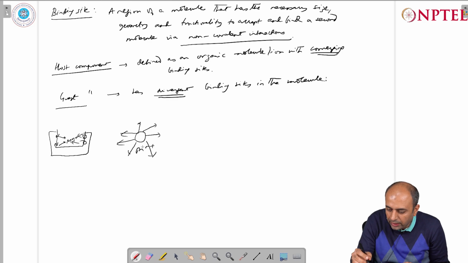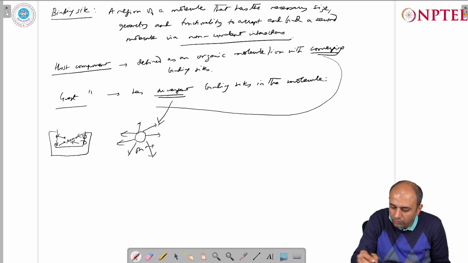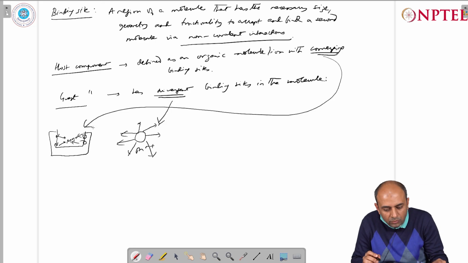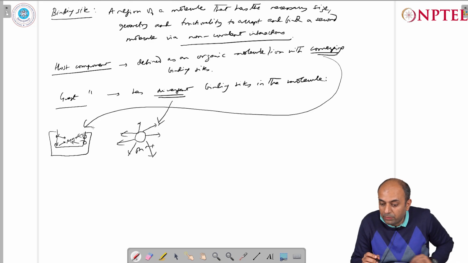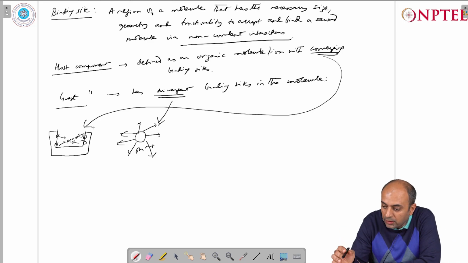Therefore, it has got divergent binding sites. The host component has got converging binding sites. So, these are the two additional properties which are important in case of host guest complexes. That means along with the necessary size, geometry and the relevant functionality, we also need to have converging binding sites in host as well as divergent binding sites in case of guest molecules.